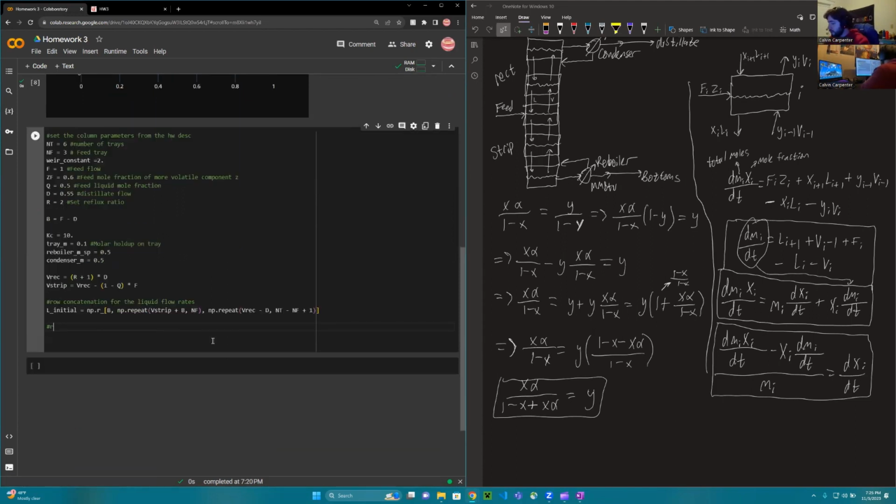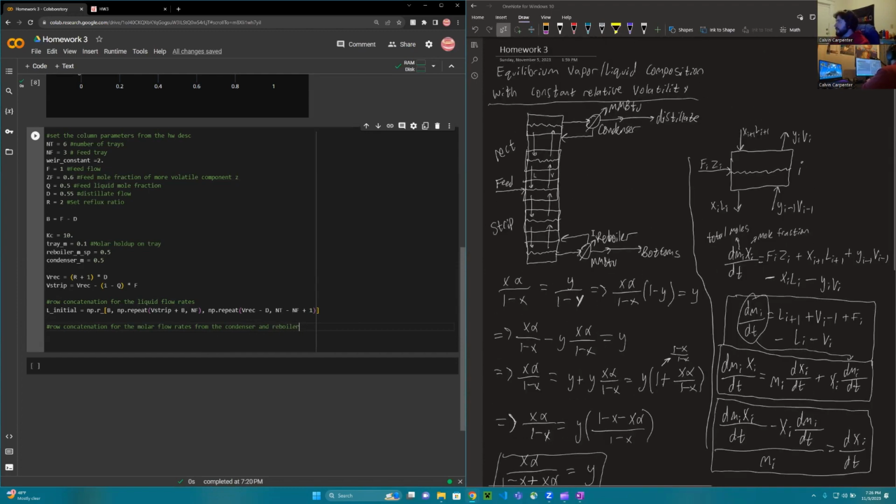Next, we're going to do our row concatenation for the molar flow rates, condenser, and reboiler. And as I mentioned before, that's regarding these two sections right here from the diagram.